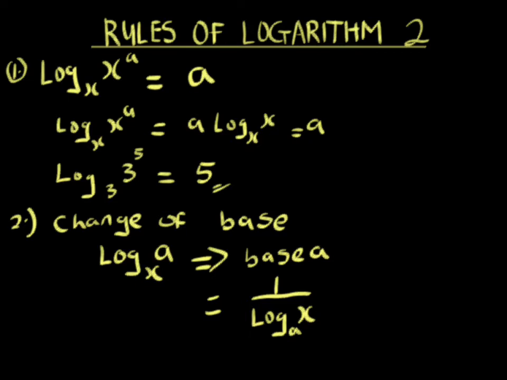So wherever we see this sort of thing, for example, you are given log 5 base 2 and you are told to change this to base 5, this would simply give us 1 all over log 2 with 5 at the base.